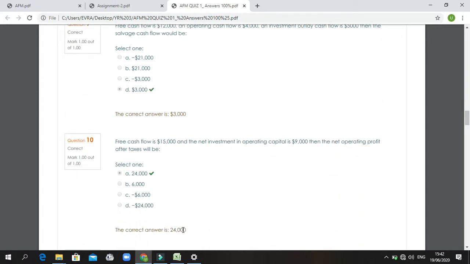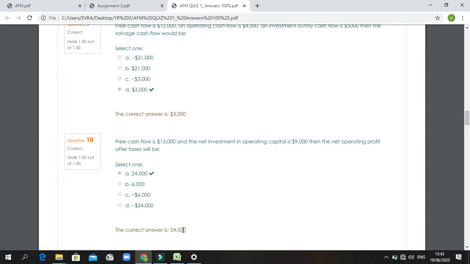For question number 10, they say that the free cash flow is 15,000, and the net investment in operating capital is 9,000. Then the net operating profit after tax will be 24. They give you a free cash flow and also operating capital, and they are asking you for the operating profit.